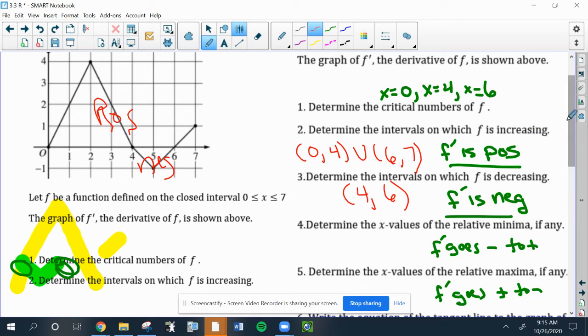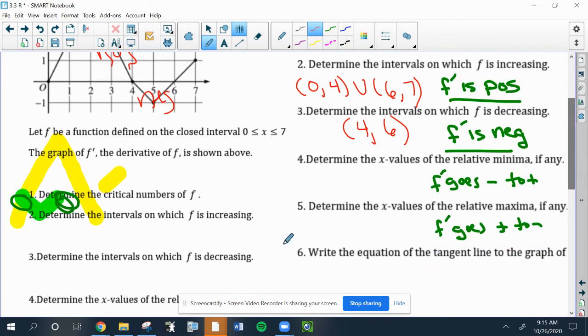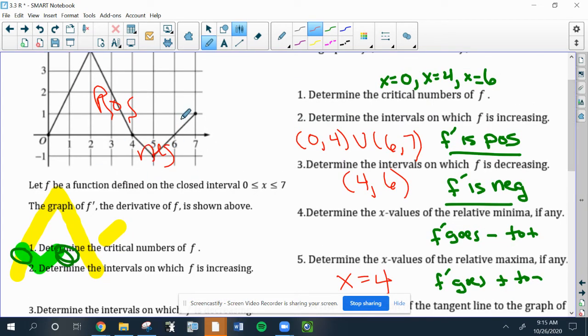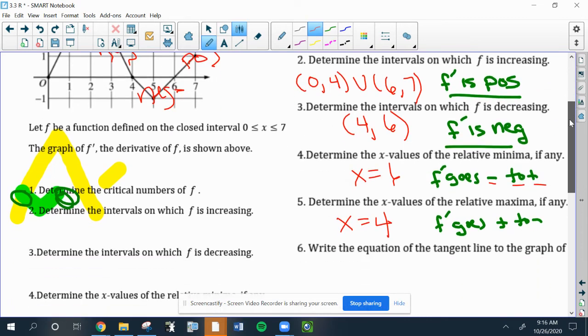Let's take care of that right now. And then negative, negative, negative, and then the derivative goes to positive right here. So negative to positive at 6, which would indicate a minimum. All right, easy enough.